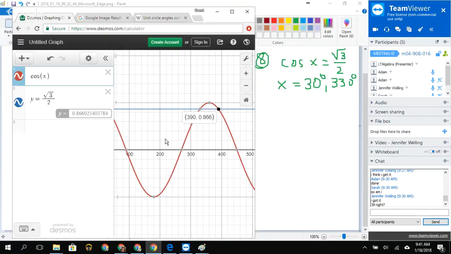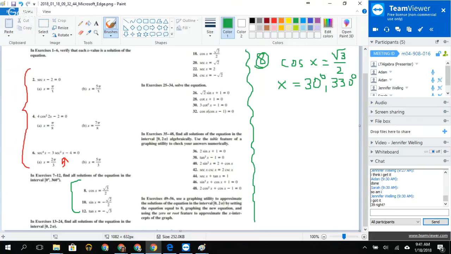There is yet another way. I know everyone loves it when there's more than one way, right? So another way would be to graph and find the intersections. Okay, another way would be that we can use the inverse cosine, which is what we have learned right at the end of chapter 4, right?